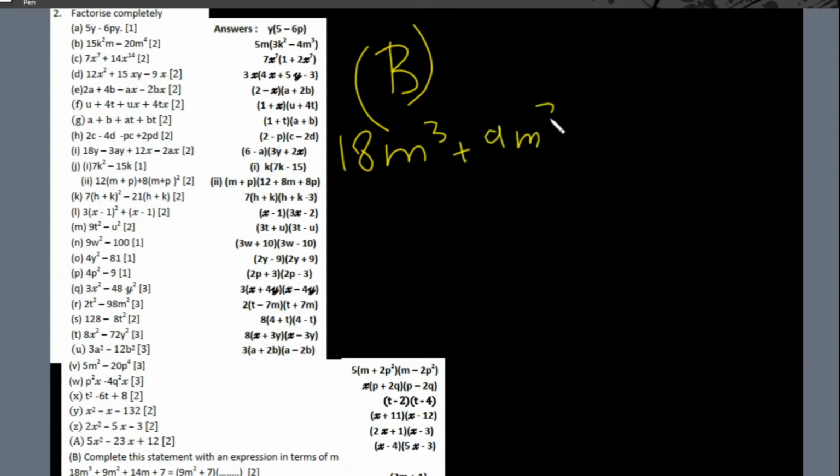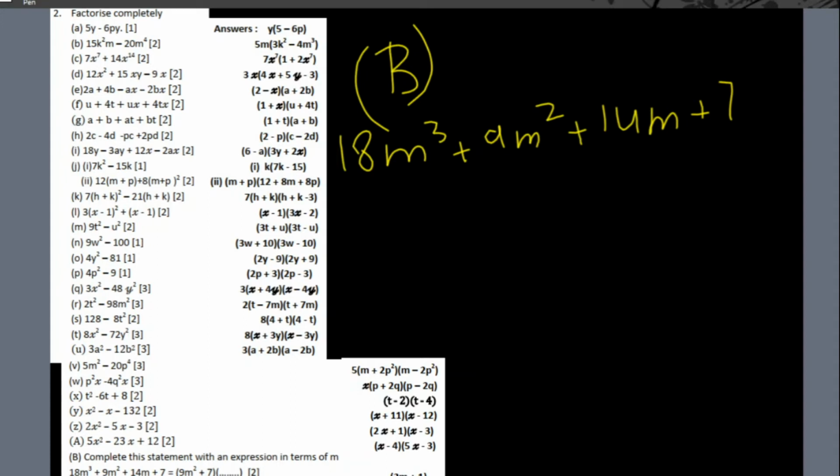Part B is complete the statement with an expression in terms of m. So we're given 18m cube plus 9m square plus 14m plus 7. We're asked to factorize this and give the answer.